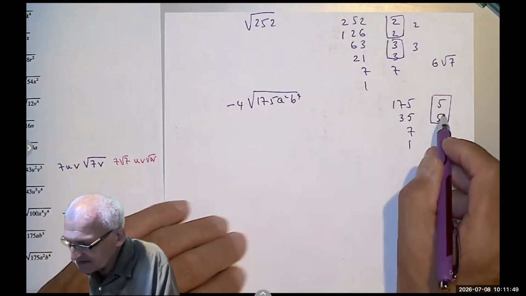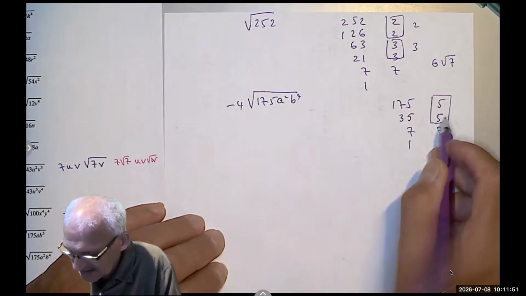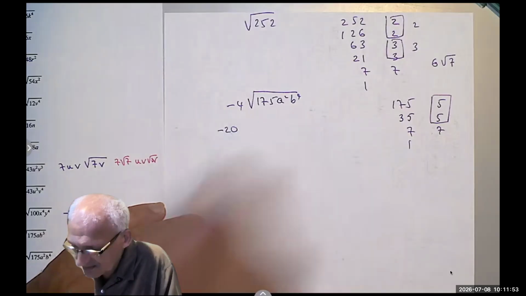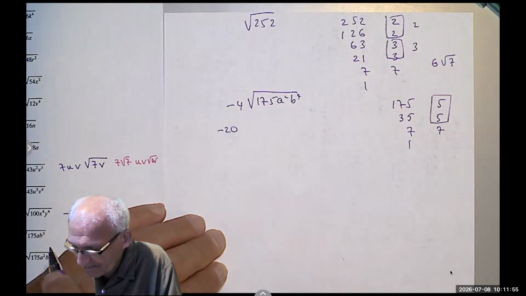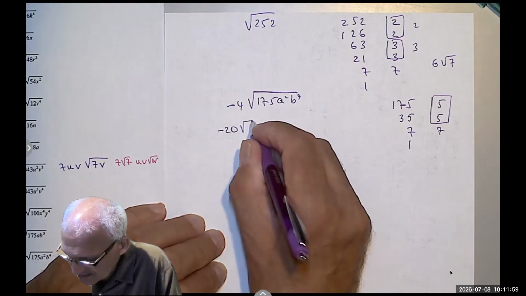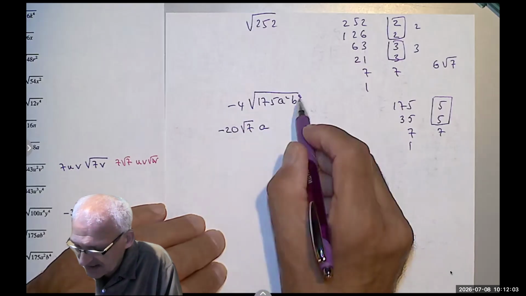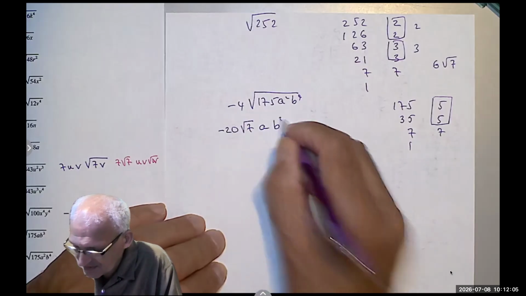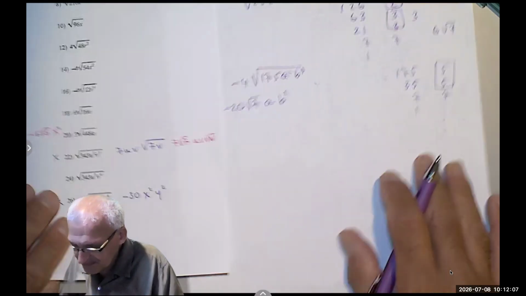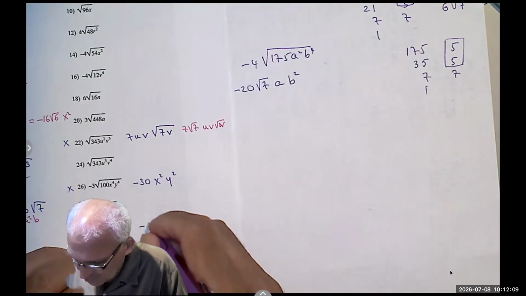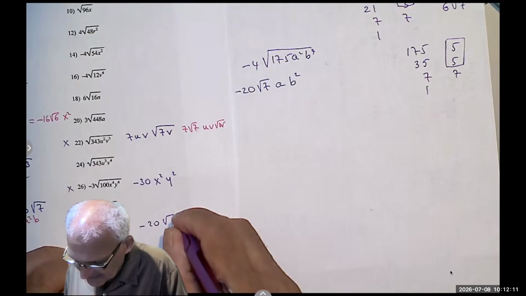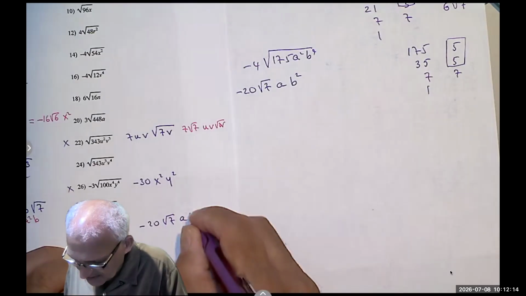Negative 4 times 5 is negative 20. Right? Root 7. And then the a squared comes out as a, and the b to the 4 comes out as b squared. So negative 20 square root of 7 ab squared.